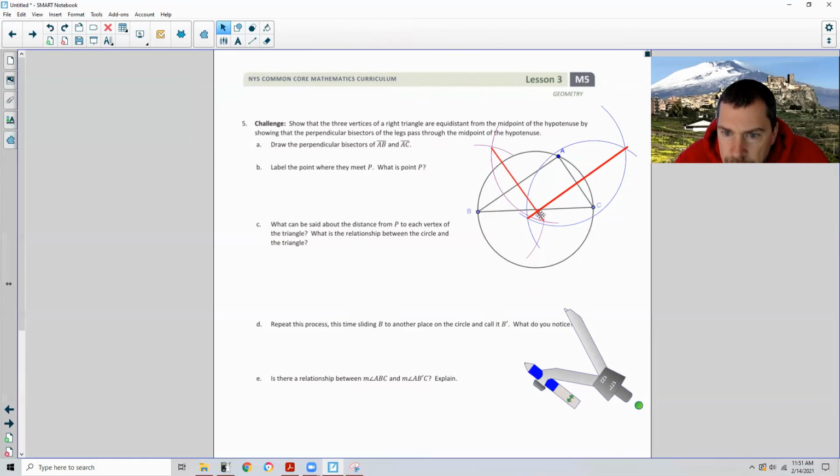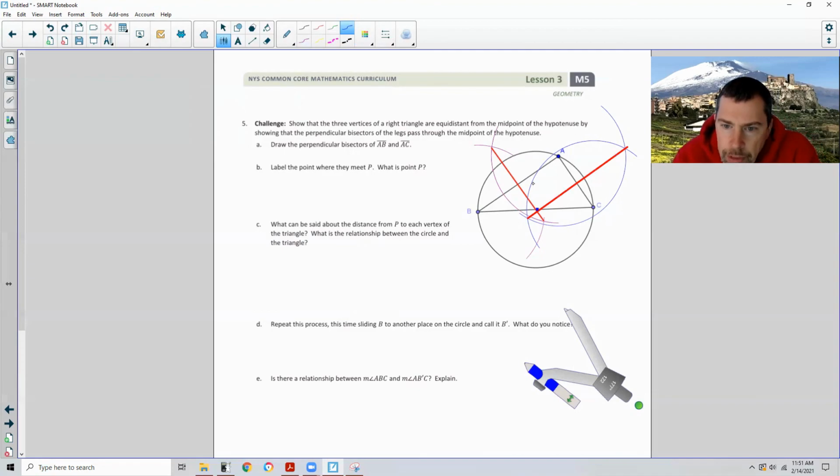So as you can see, we're close. It's not exact, but this point right here where they intersect should be right about here. That is the midpoint of the hypotenuse. So show that the three vertices of a right triangle are equidistant from the midpoint of the hypotenuse.